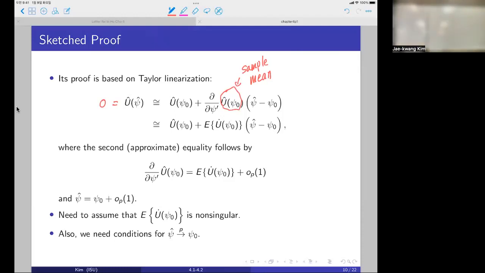U hat is a sample mean of what? Of psi_0(y_i), an IID random variable. Its partial derivative is also a sample mean of the partial derivative function. So this guy is a sample mean, and a sample mean will converge to the population mean in probability. So then you have this.